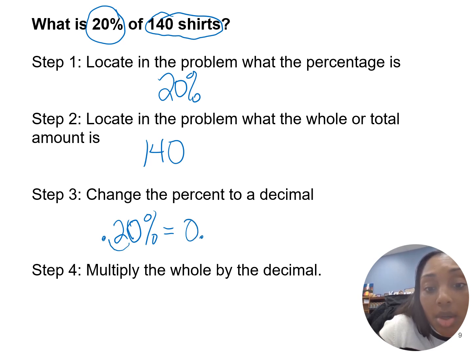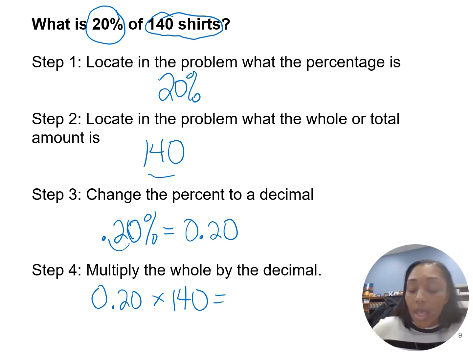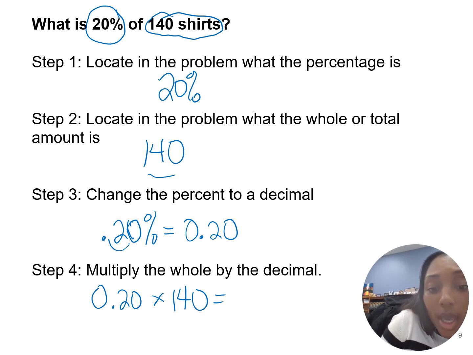And so that gives me 0.20. And then my last step is to take my decimal, 0.20, multiply it by the whole or the total, 140. So I'm going to do that in my calculator. So 0.20 times 140, and it gives me 28.